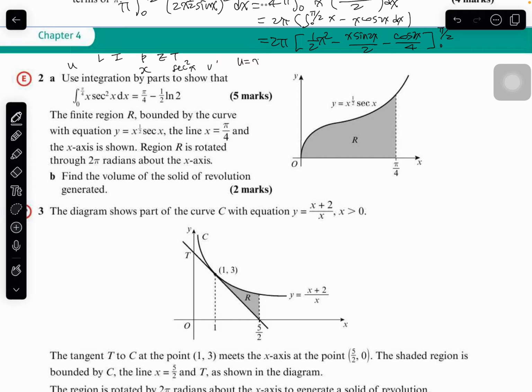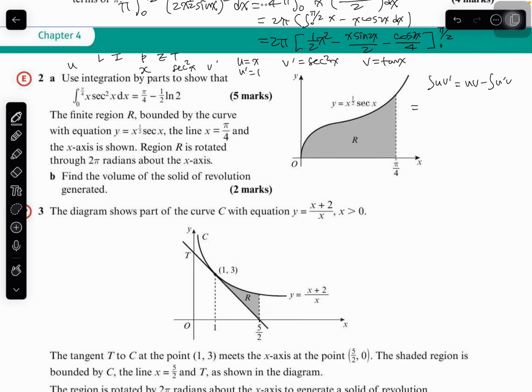So u equals x, u prime equals 1, v prime equals secant squared of x, v equals tan x. So integral u v prime becomes u v minus u prime v.